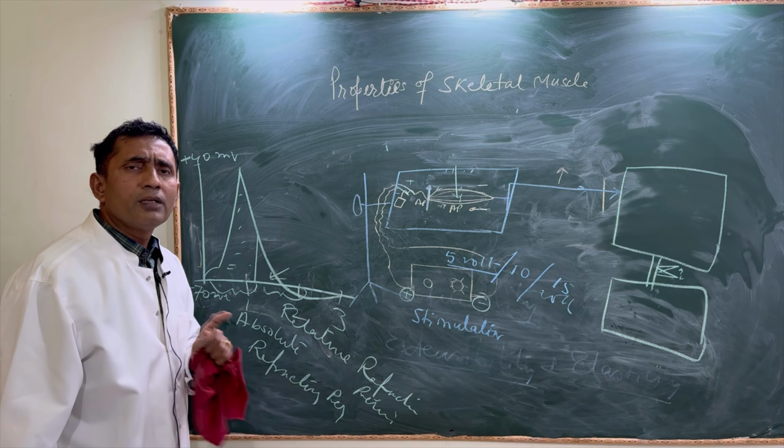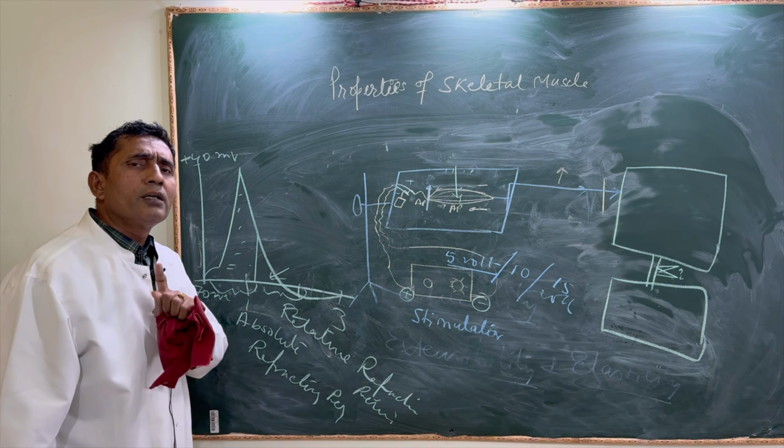Very simple, nothing is difficult. Easily we can perform it. Just this switch is there, and this pointer is there. You have to adjust it in such a way that the second stimulus can be delivered.